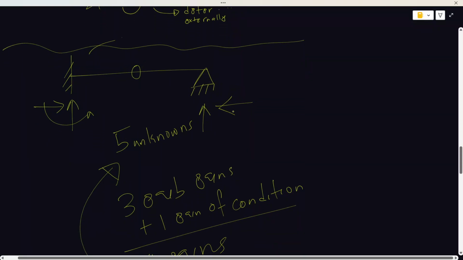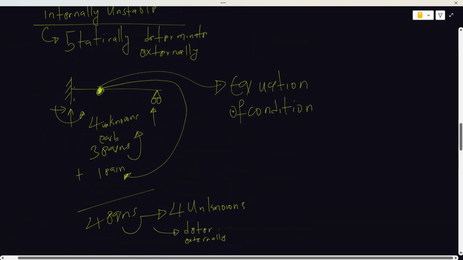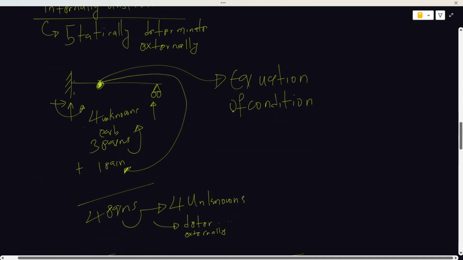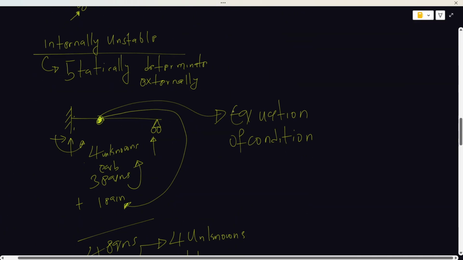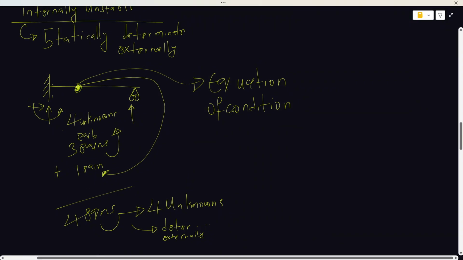Now, we have something also called internal rollers. This is an internal hinge. All these internal hinges and internal rollers are under internally unstable structures. I'm not deviating. So I'm going back to wherever I have my internal hinge. I want to do a separate one for internal rollers.